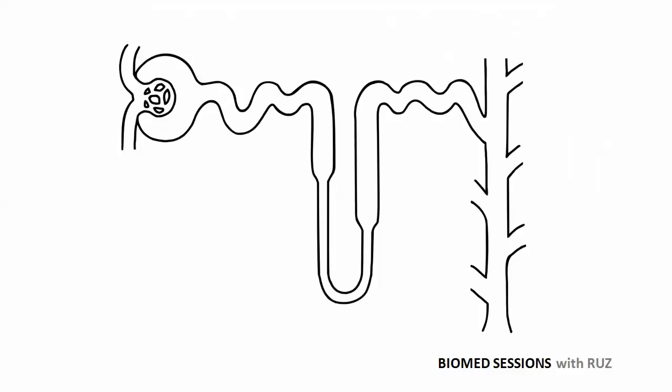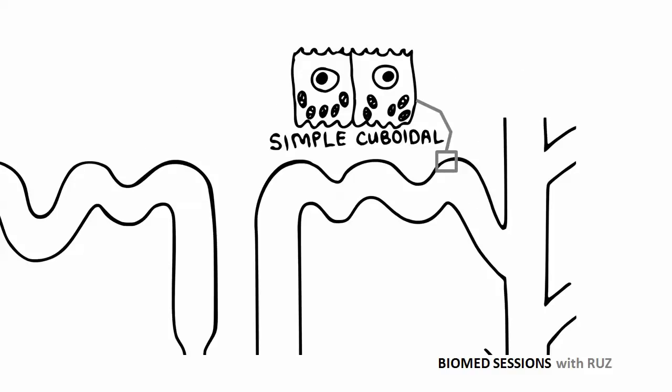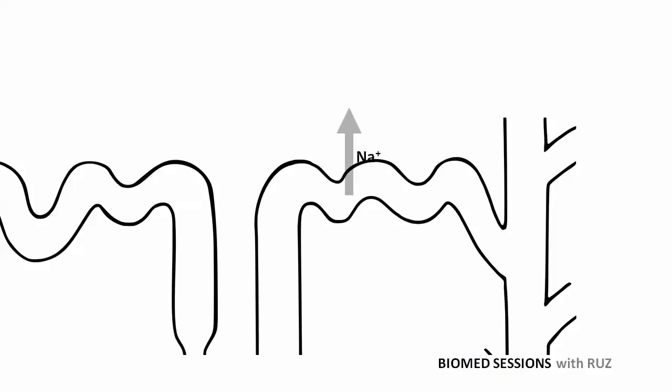In order to avoid cell damage, the amount of water and salts in the blood needs to be kept regulated, and the nephron plays a vital role in this. The distal convoluted tubule, which is made up mostly of simple cuboidal cells, is the place where initial adjustments are made to the filtrate. Under the influence of the hormone aldosterone, sodium is reabsorbed, followed closely by chloride, whilst potassium or hydrogen ions are secreted into the tubule.